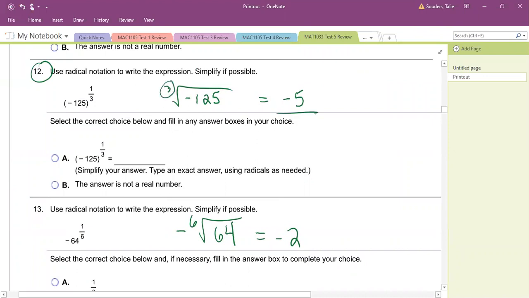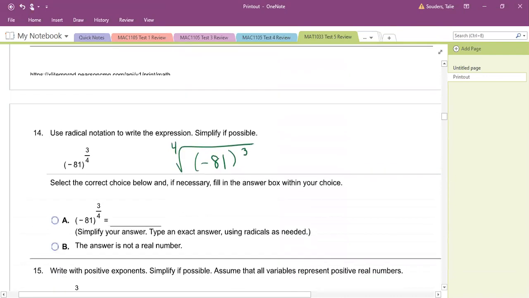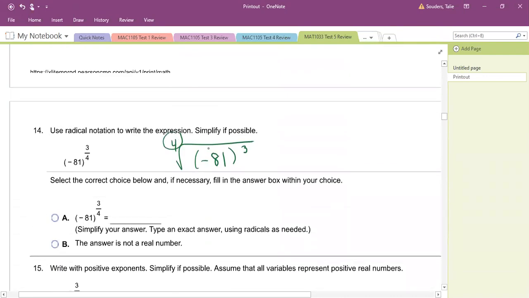If it's negative, you'll get a negative answer. But if you have an even root, and this ends up being negative even when you cube it, so if you have an even root of a negative number, that's when it's going to be not real. Because if you multiply a negative number an even number of times, it always gives you back a positive answer. That's the problem. So you're not going to get back to a negative answer.